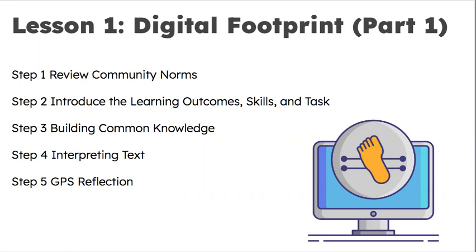During lesson 1, students will utilize a text protocol called the Golden Line Protocol. Again, that'll give us a chance to establish some common knowledge around digital footprints. So part 1 is really about awareness and understanding what it is and, again, how we can protect it.